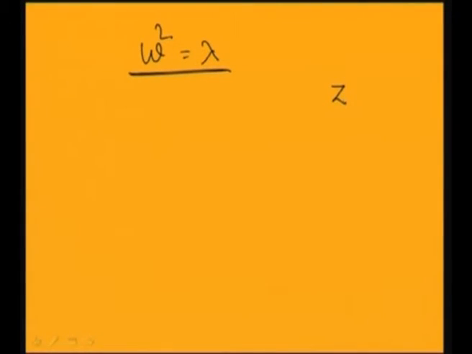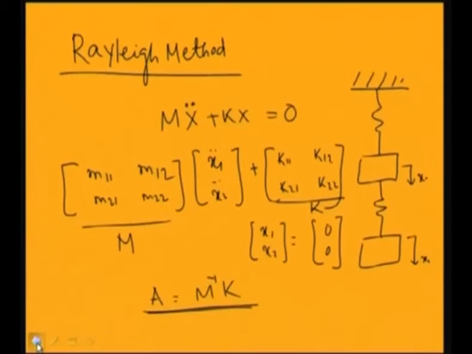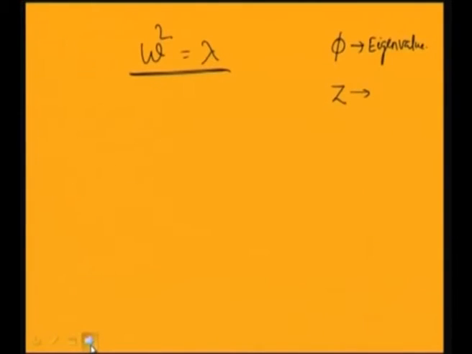Let me take initially this phi as the eigenvector of the system, and later I will take z as the approximate value. If phi is the eigenvector of the system, then from the expression m x double dot plus k x, it will satisfy this equation.